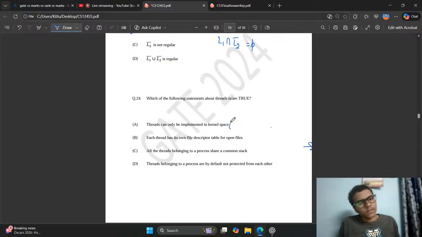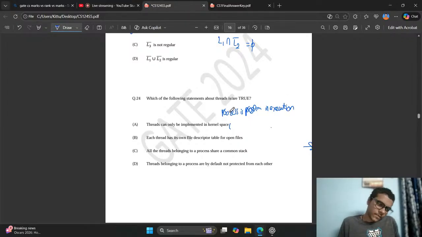A process is a program in execution. No. File descriptor labeled.